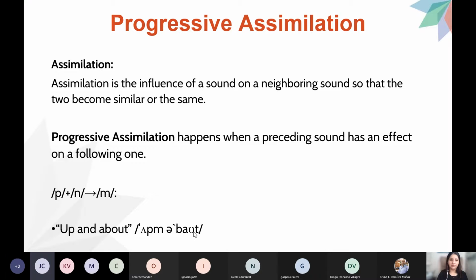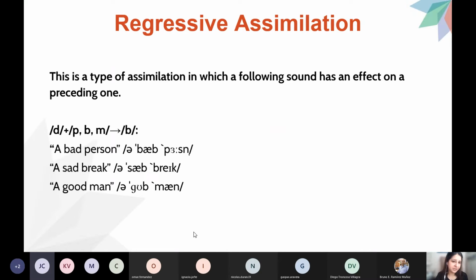Then we have regressive assimilation, that is when a following sound has an effect on a preceding one. That means the second sound is going to influence the first one, so the direction of the assimilation is going to go backwards.